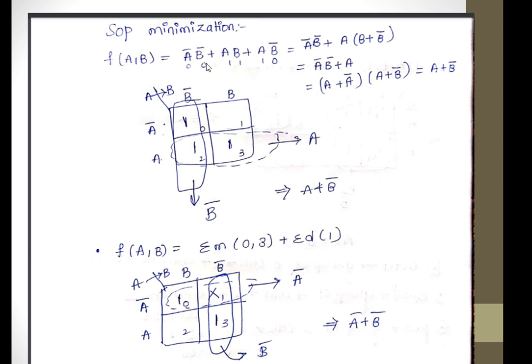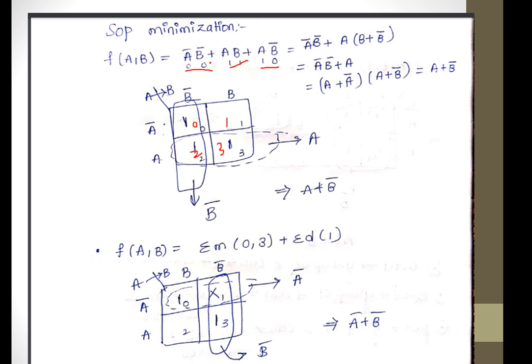So for example, if they give the expression like this, the question is: A bar B bar, that is 0 0, AB, that is 1 1, and AB bar, that is 1 0. Then they ask to find the final expression. So this cell indicates 0, and this is 1, this is 2, and this is 3.